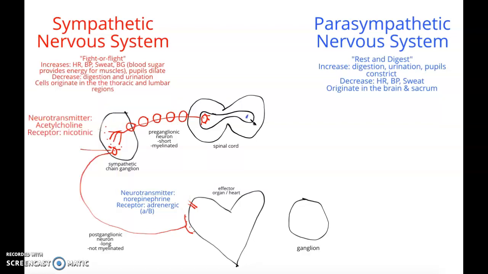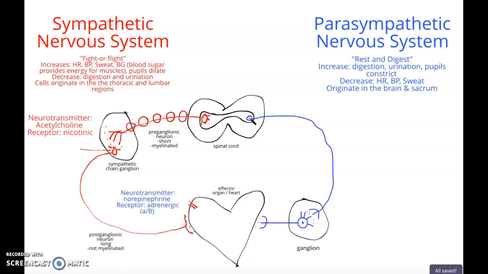The cell body starts in the spinal cord, and it sends a long myelinated axon to the part where it synapses with the postsynaptic or postganglionic neuron, its nucleus, and it sends a short axon to the effector organ where it meets with the effector organ.